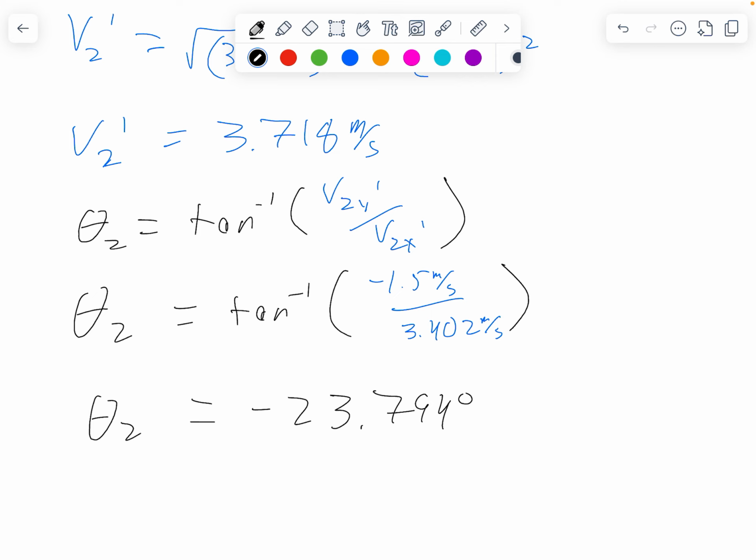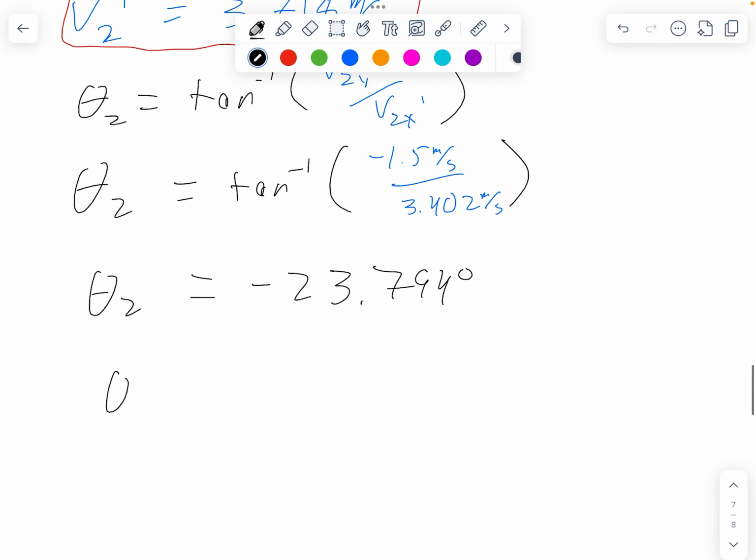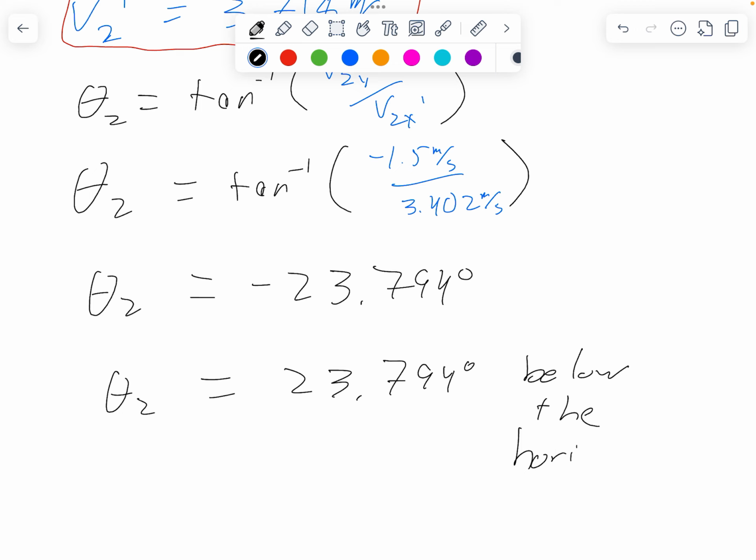Okay, so what that means is that overall, we have a speed of the blue ball after of 3.718 meters per second, and the angle then is this 23.794 degrees below the horizontal.